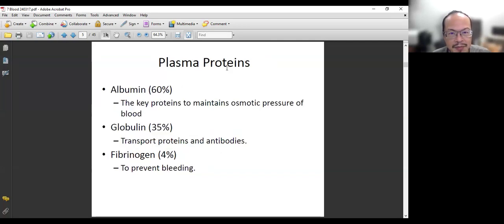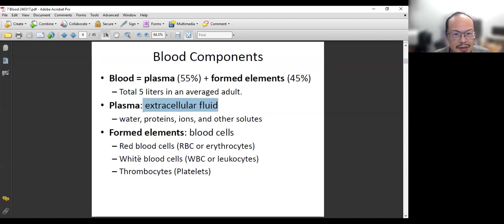Later here we talk about the plasma proteins: albumin, globulin, fibrinogen. All right. Plasma also has ions and other solutes. Formed elements are cells. We have red blood cells, erythrocytes, white blood cells, leukocytes, and platelets, thrombocytes. So that's that.